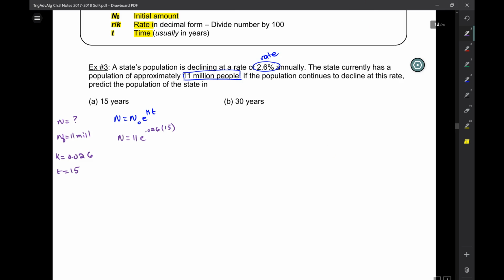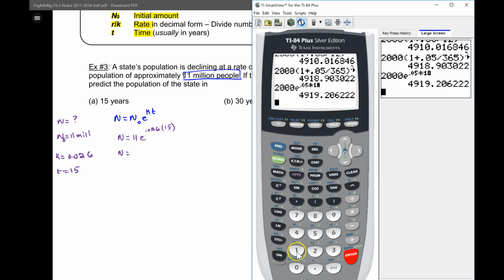So, Gabby, are you on this? Oh, okay. 16 million. Yeah, so the population is decreasing. We're going to have fewer people.